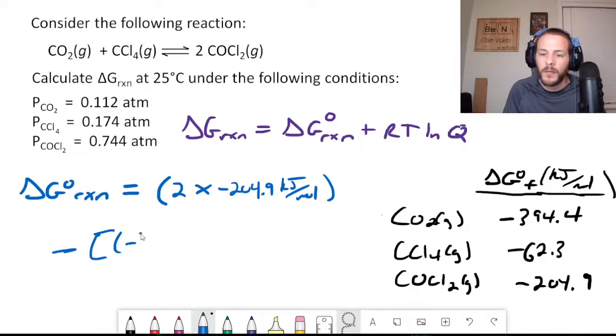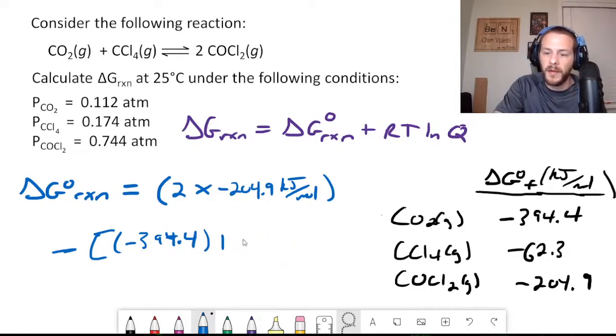So it's minus the sum of negative 394.4 kilojoules per mole plus negative 62.3 kilojoules per mole. Let me back up, I forgot to put my units in.